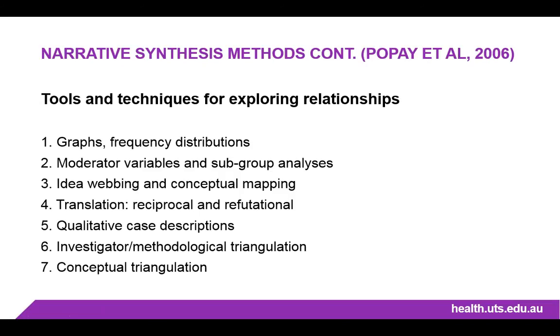So these are just tools and techniques for exploring relationships, which is the third stage of synthesis, where you're really starting to use subgroup analyses. This is where you get into the qualitative part of the synthesis, even if you're doing a meta-analysis.